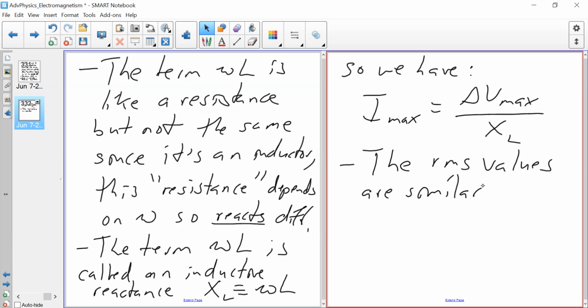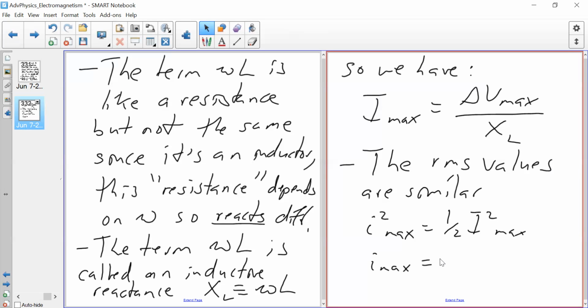So we look at the RMS, the root mean square current, which is basically half of the maximum current squared. So it's basically 1/2 I squared max, and since we want I max and not I squared, we take the square root of both sides, and that comes out to be I max over root 2, and that's basically your RMS.